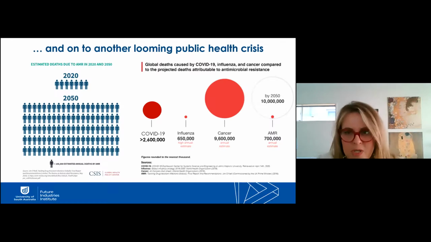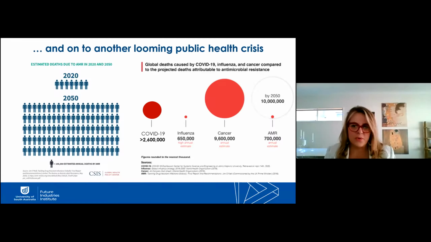Wastewater-based epidemiology can be used in responding to another emerging public health catastrophe, this being antimicrobial resistance, or AMR. Antimicrobial resistance occurs when microorganisms change and adapt to resist stress, and its impact is on the medication used to cure infection.